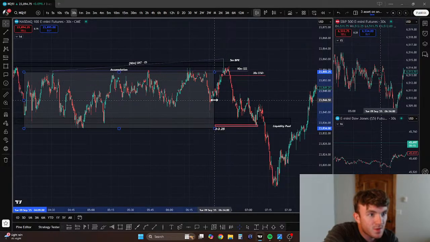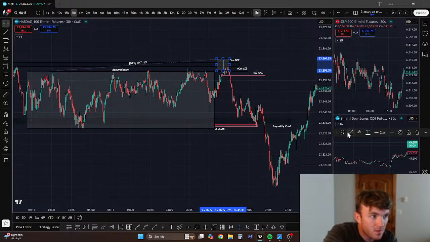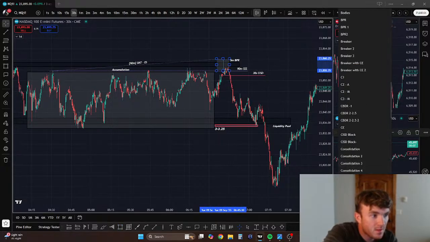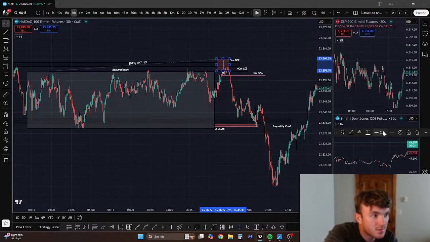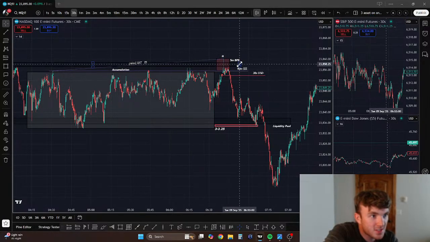Manipulation with SMT on the 90-minute cycle right here. And then distribution. We get in on a 30-second change in state off the 5-minute BPR.